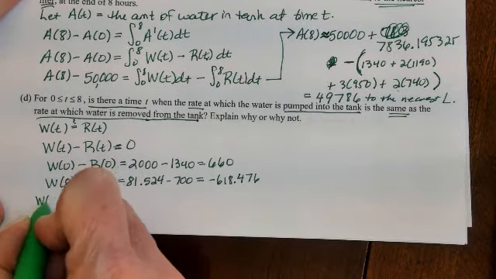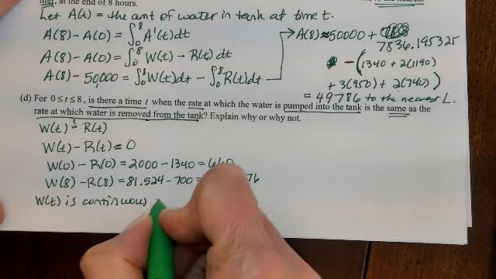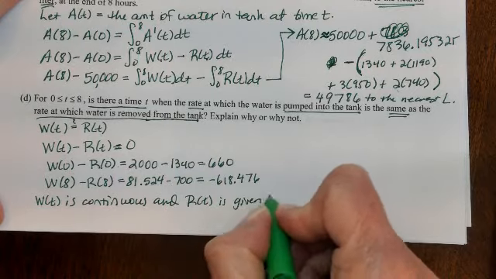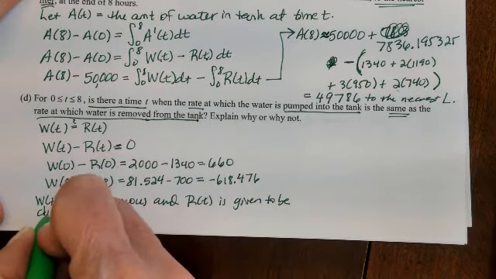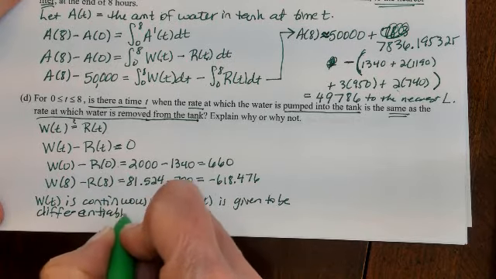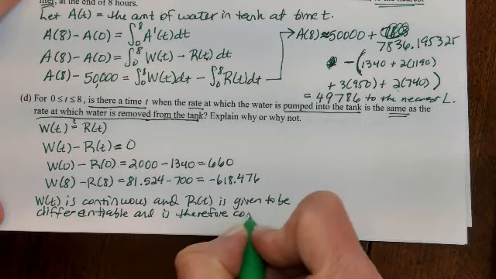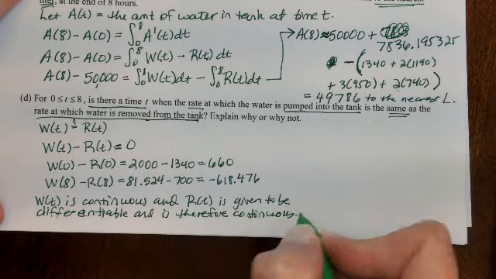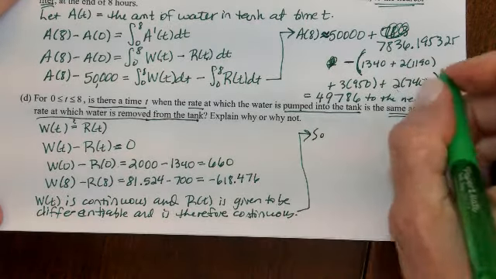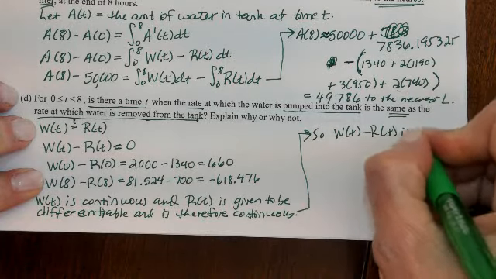So w of t is continuous, and r of t is given to be differentiable, and is therefore continuous. So w of t minus r of t is continuous.